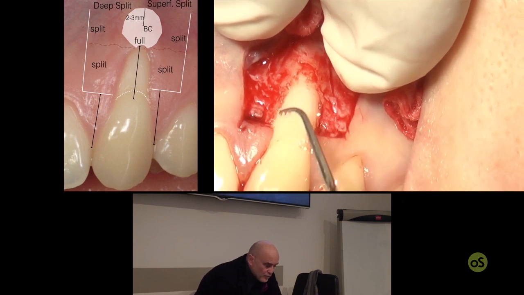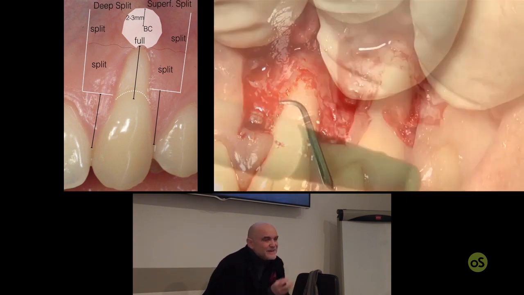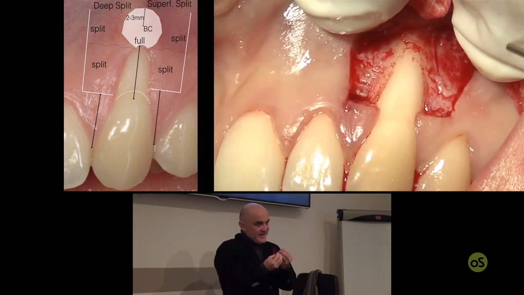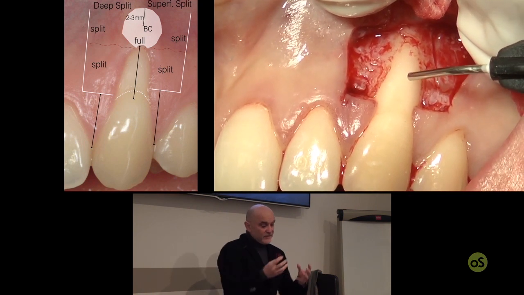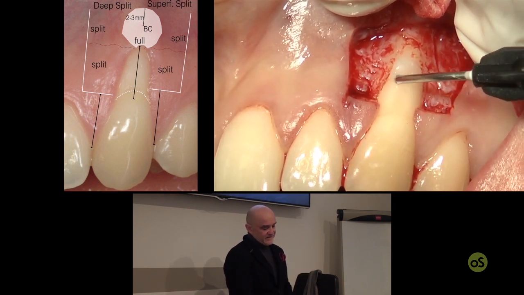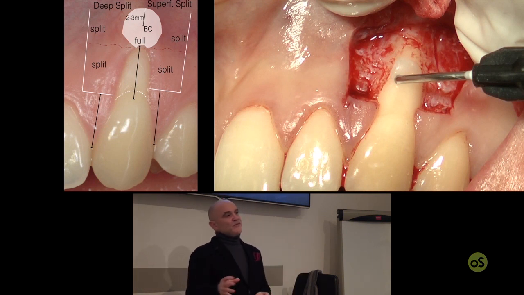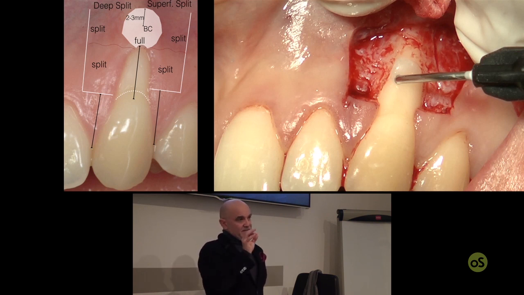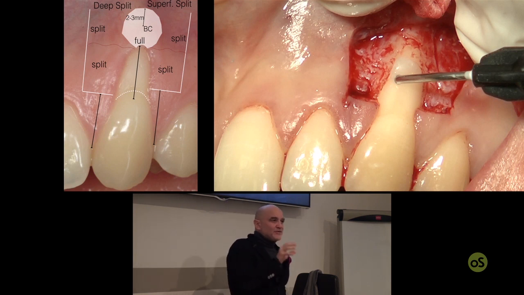But it's also true that root planing creates smear layer that accumulates inside the dentin tubuli just exposed. And so we also have to remove the smear layer from the dentin tubuli, because the objective of the chemical treatment of the root is to promote blood clot adhesion.